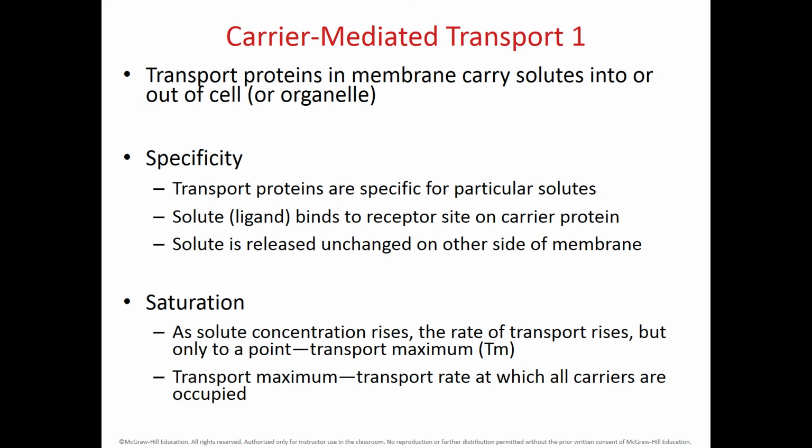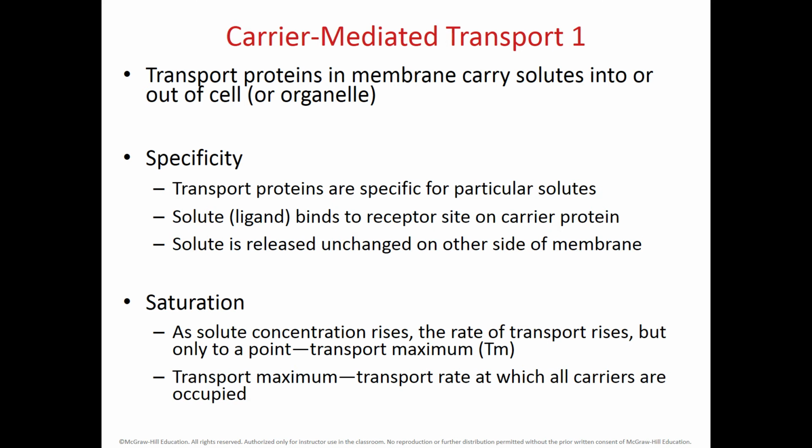There are certain substances that can move freely across the plasma membrane, like CO2 or oxygen. These are gases that are very small, but they can cross the plasma membrane without any carriers. But certain substances like glucose, which is very large, or other solutes, have to be transported with the use of these transport proteins.